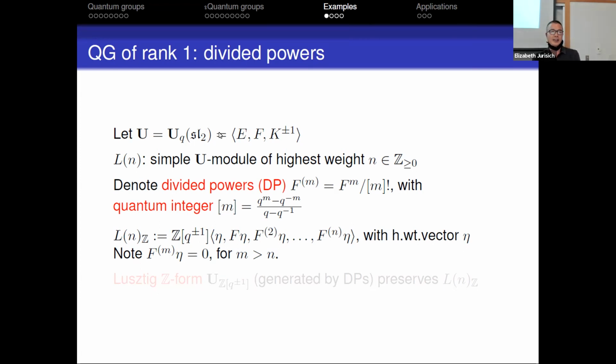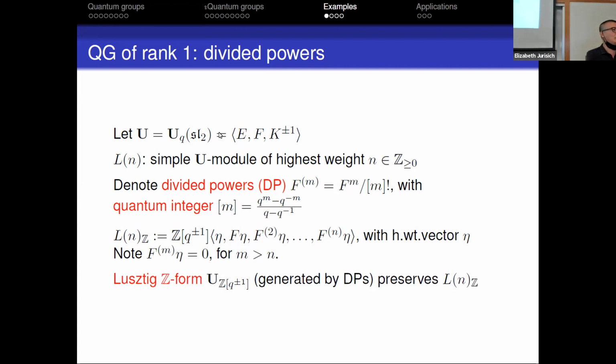You start with the highest weight vector eta, you apply F, then you apply the higher divided powers, F^(2) and F^(3), and take the linear span over the Laurent polynomial ring, Q(q), q inverse. This is a good integral form in the sense that the quantum group also has an integral form generated by the divided powers, which acts on this integral form and preserves the integral form of the representation.